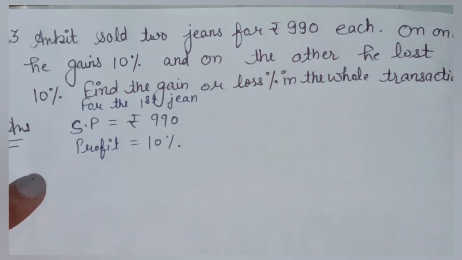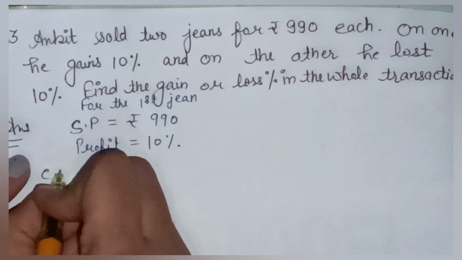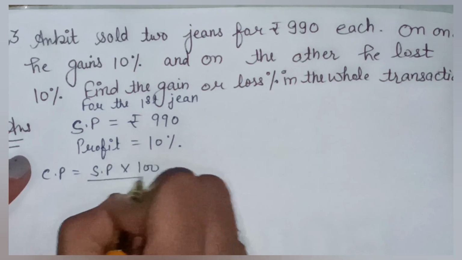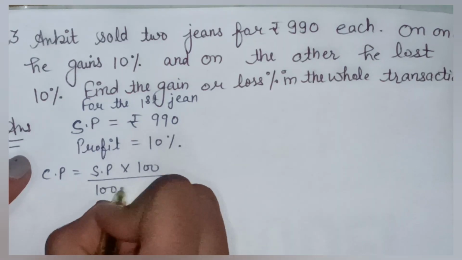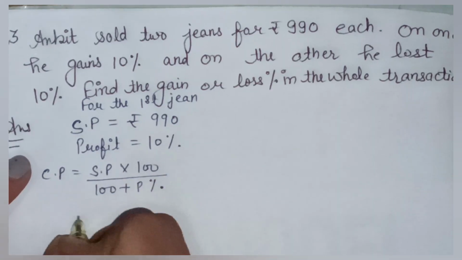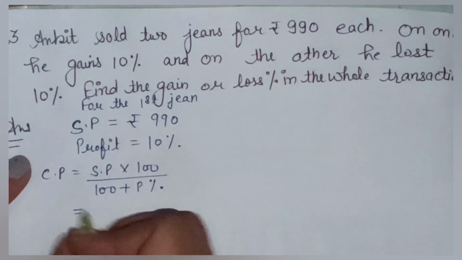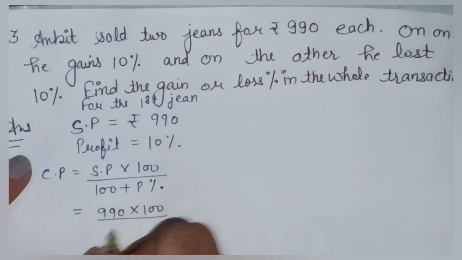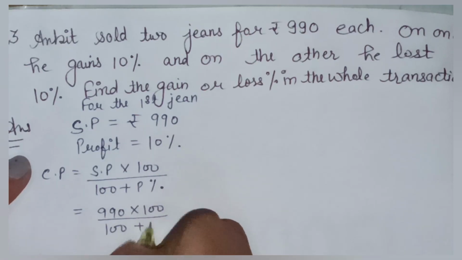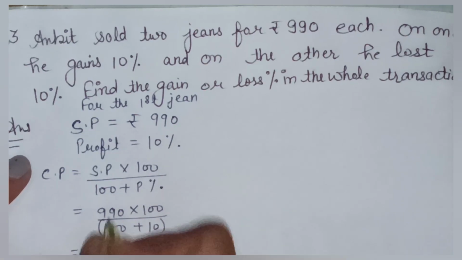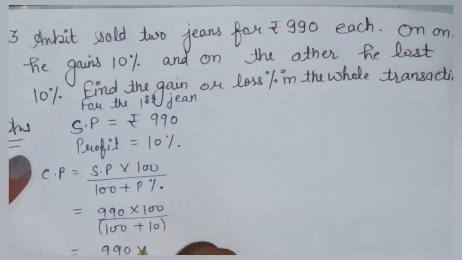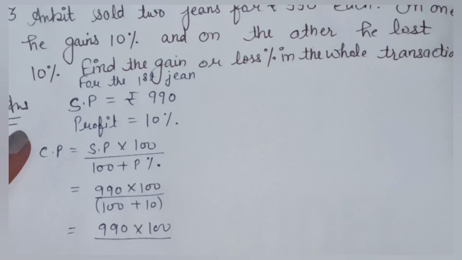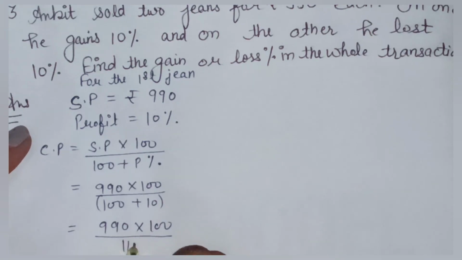So I apply the formula here. CP, cost price, is equal to selling price multiplied by 100 upon 100 plus profit percent. So given in the question SP is equal to 990 multiplied by 100 upon 100 plus 10, which is equal to 990 multiplied by 100 upon 110.